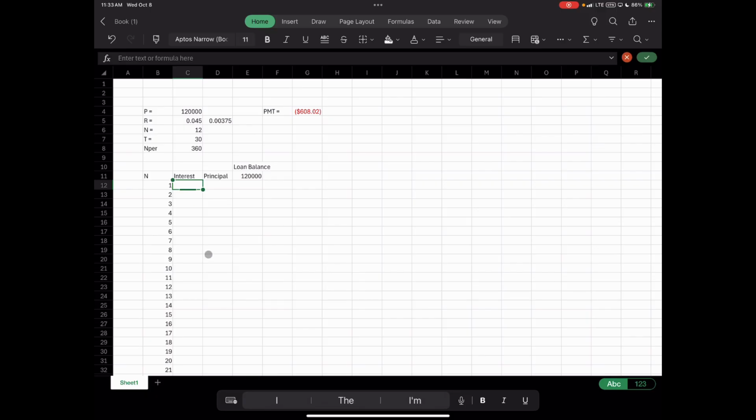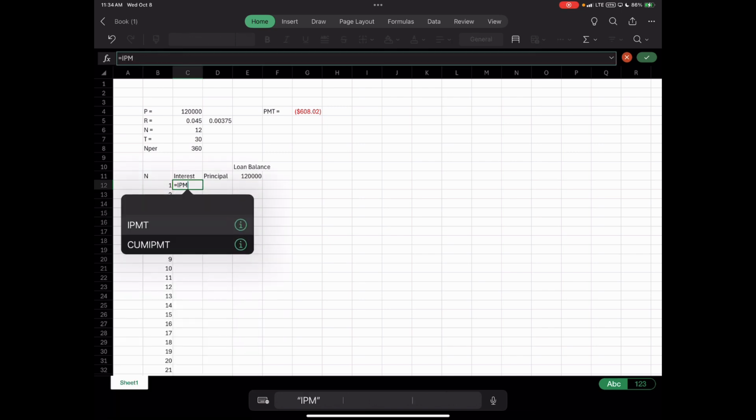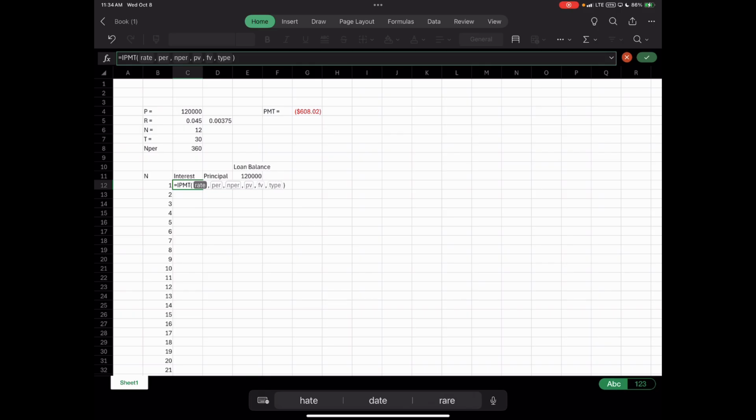Okay, well, now, rather than doing that calculation manually, I'm going to do equals and I'm going to do IPMT. Because IPMT tells me the interest part of my payment. Okay, well, I'm going to use the same rate, comma. This time, there's this thing in Excel that we're going to come back to in a second.